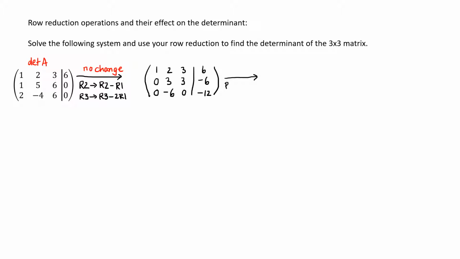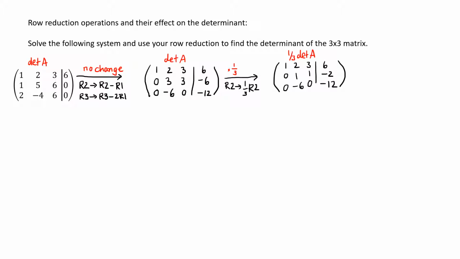So we're going to take row 2 and go to 1/3 times row 2. The effect on the determinant is that it's going to multiply it by 1/3. So if we started out having determinant of A, we're going to end up with 1/3 times determinant of A.